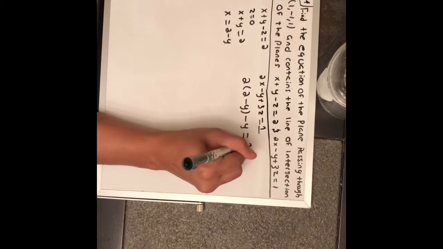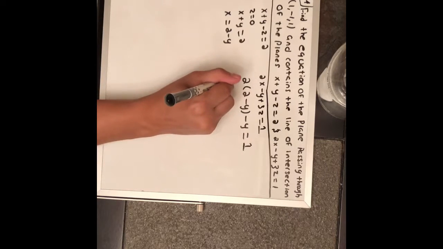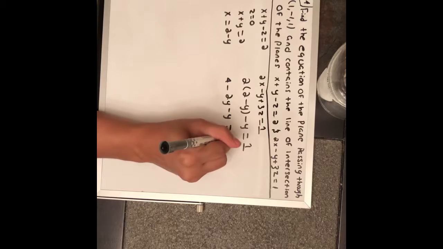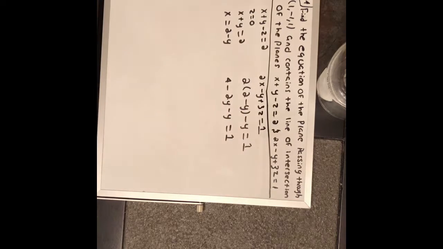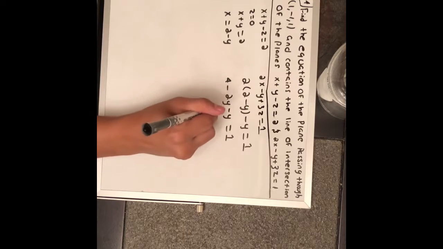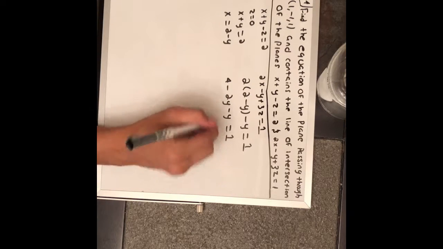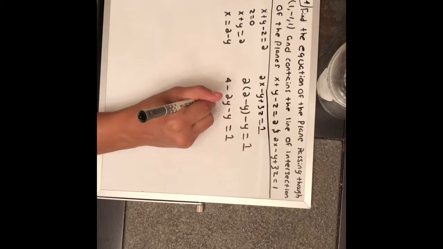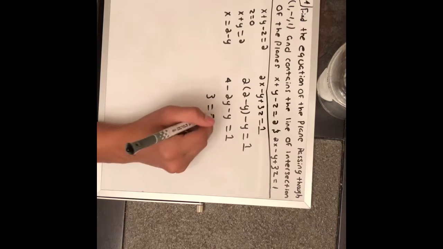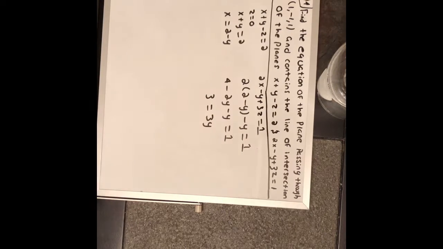Into 2x - y = 1. Distribute, and we get 4 - 2y - y = 1. So that's -3y. We add it to the other side and subtract 1 over, so we end up with 3 = 3y, because 4 minus 1 is 3.